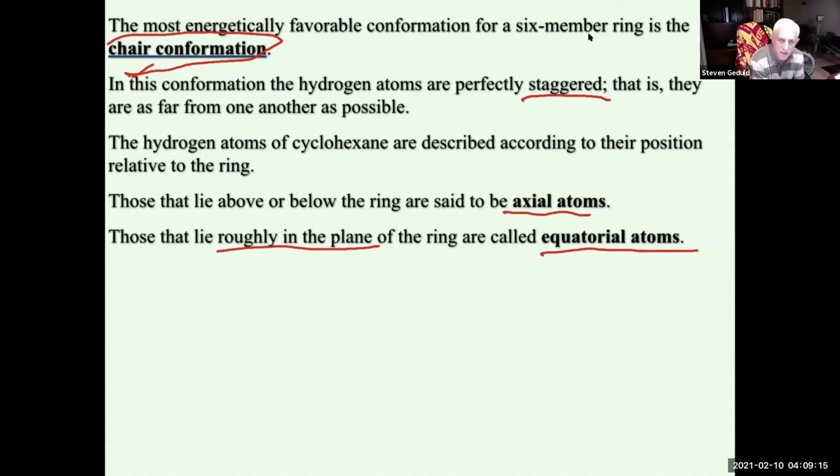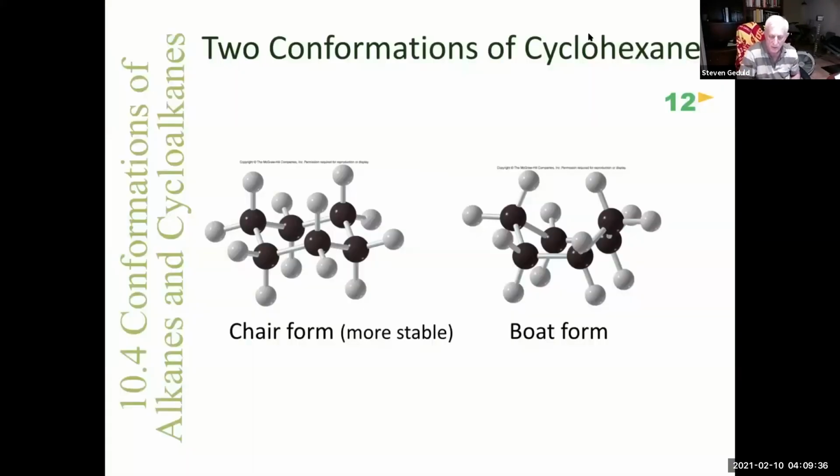So you have the chair conformation, which is going to be more stable than what's called the boat conformation. We'll show you how to draw both of those. If the hydrogen atoms lie above or below the ring, they're called axial. If they lie in the same plane of the ring, they're called equatorial. So here's a chair formation. I'm a terrible artist when it comes to this.